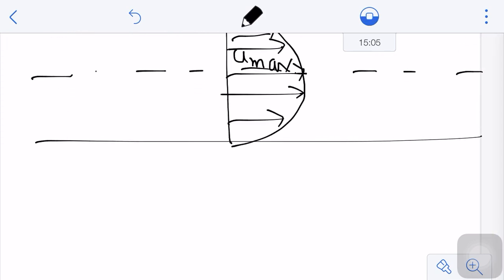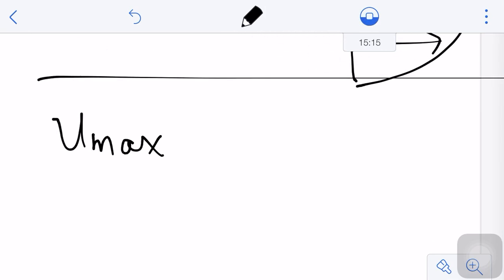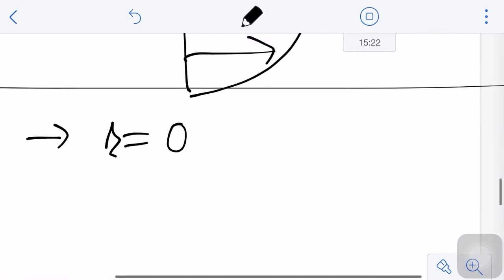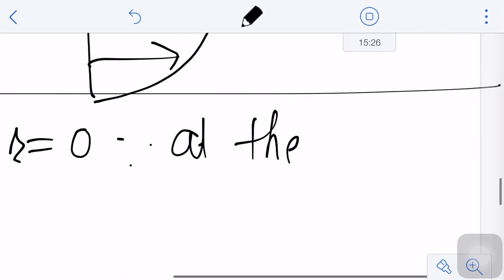Also from this diagram we can find out the value of maximum velocity, which is u max, and this u max will occur when your small r is equal to 0, which is at the center.